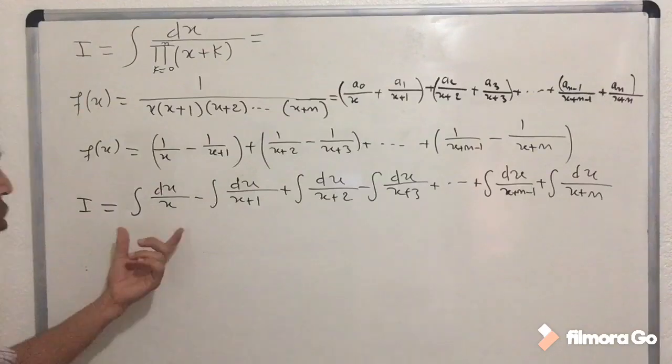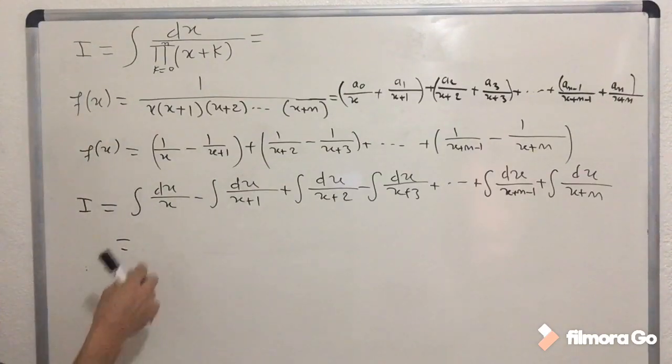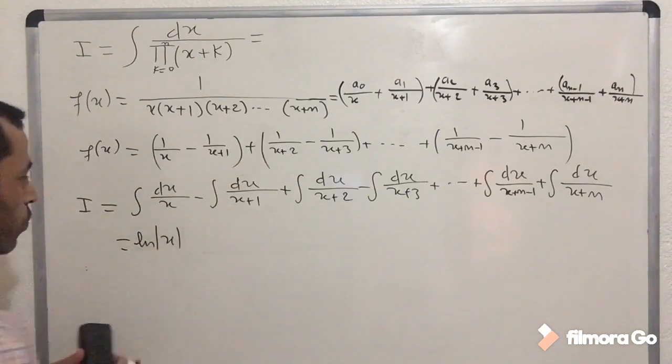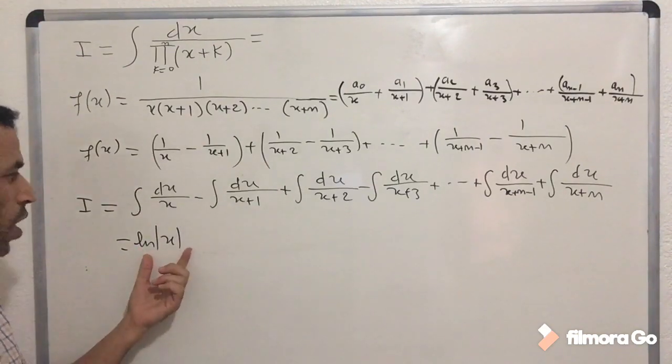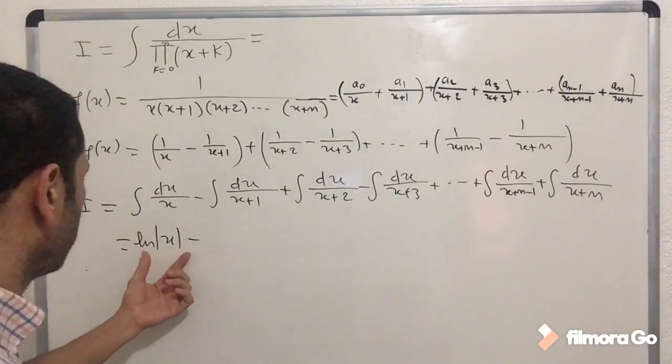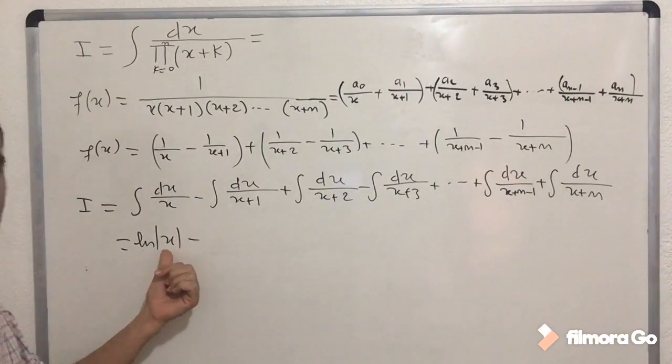So this is a natural log. This is very clear. This is natural log of x. Don't forget the absolute value for each term, because the argument of the natural log has to be positive.